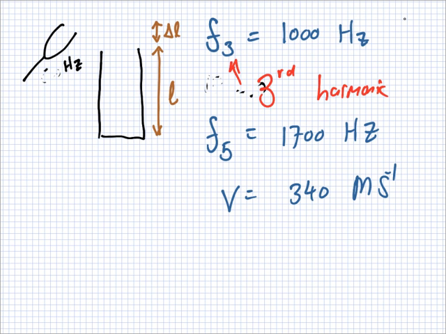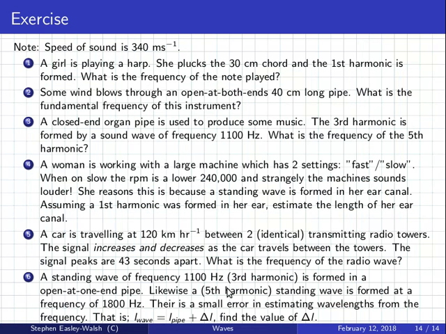So this one, 3/4 of the wave is in the pipe, and this one here is 5/4 of the wave. Okay. I don't think I tell you the length of the pipe, do I? No, I don't. And I don't care if you find the length of the pipe. What I want you to find is the error.